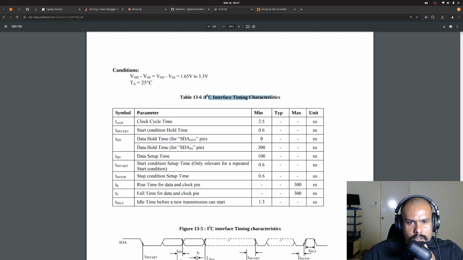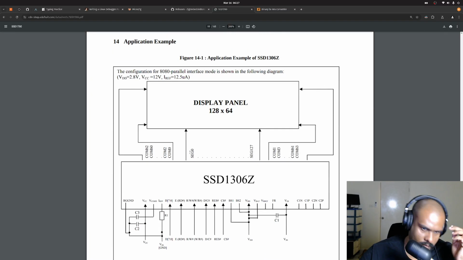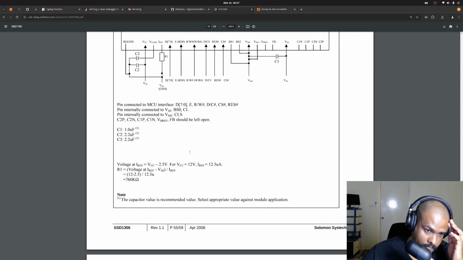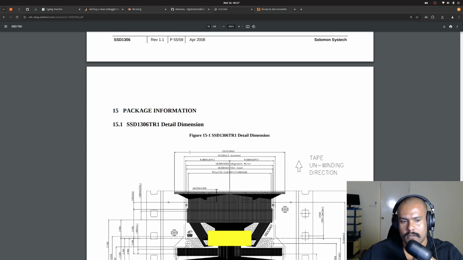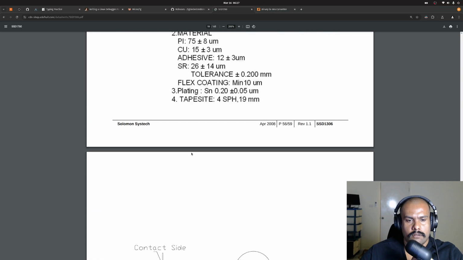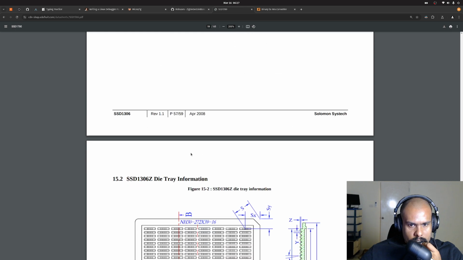I2C interface timing characteristics. Clock cycle time 2.5. Damn. Is that the end? Still haven't seen the initialization.